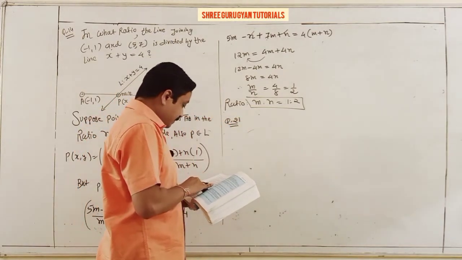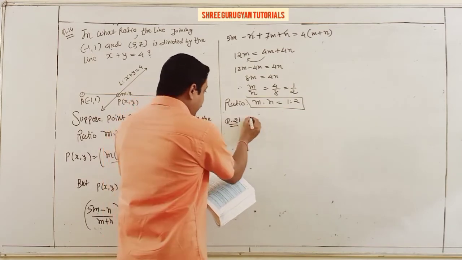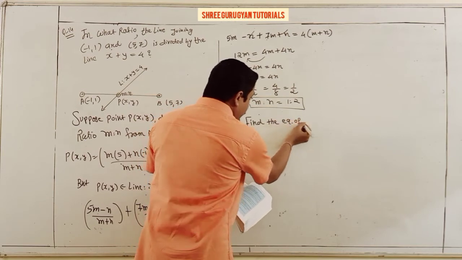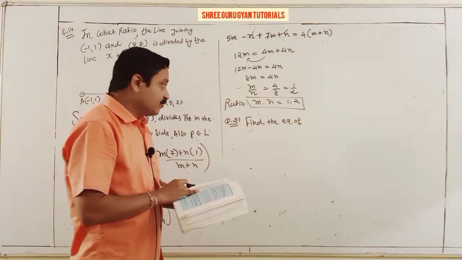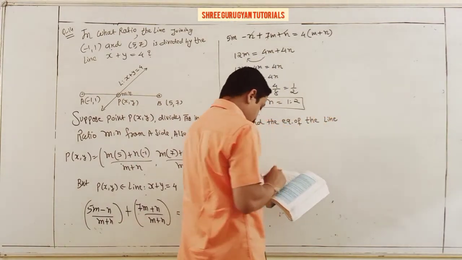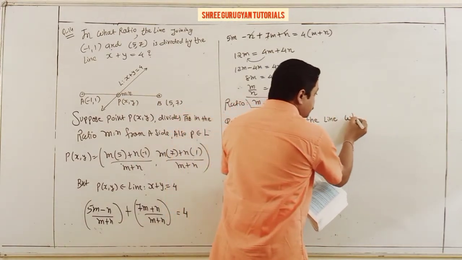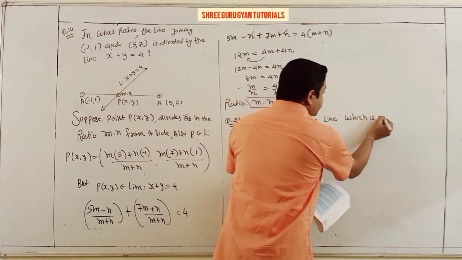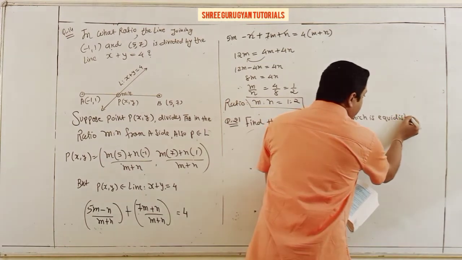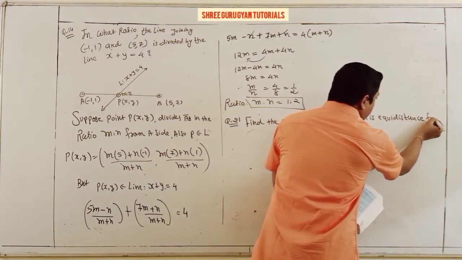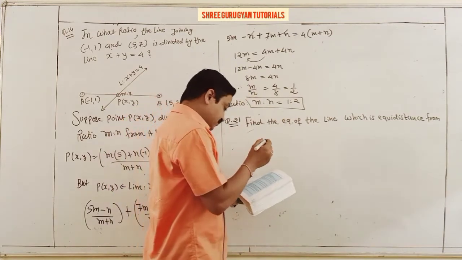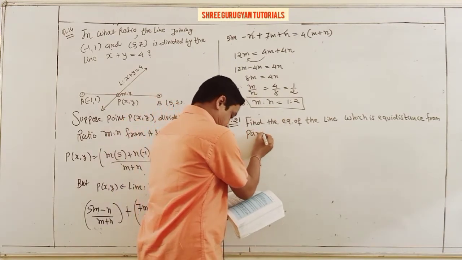Question is there. Find the equation of the line which is equidistant from the two given parallel lines.